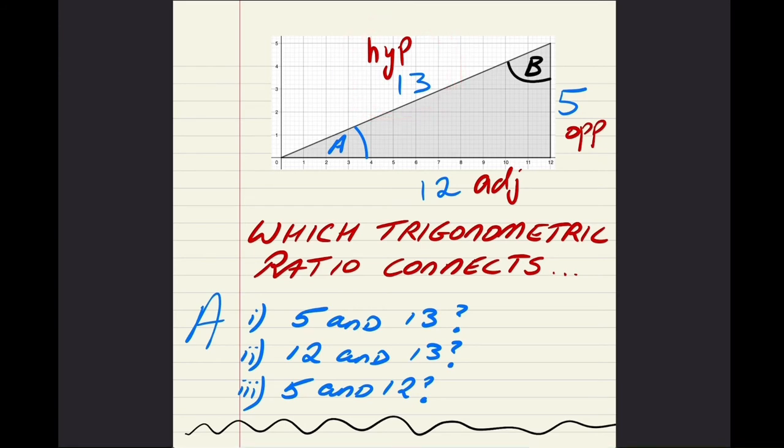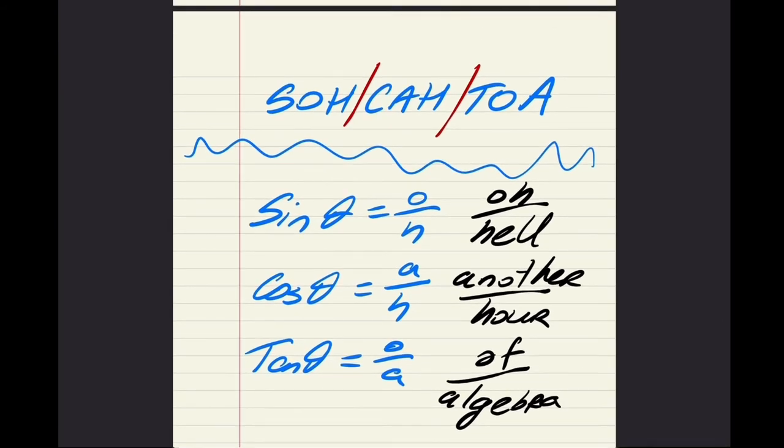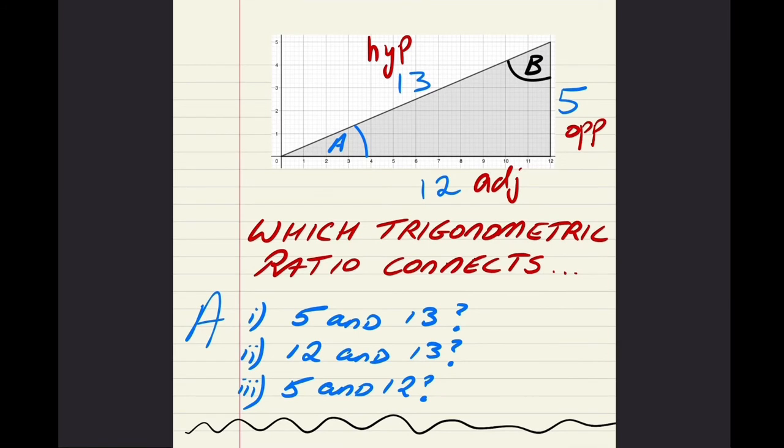So if we go back up to our section above, for SOH CAH TOA, our rhyme, which trig ratio has opposite and hypotenuse together? Now you can see that it's this one, it's sine. So sine of the angle will give opposite over hypotenuse. So if I go back down to here, 5 and 13 is connected by sine, so it's sine A.